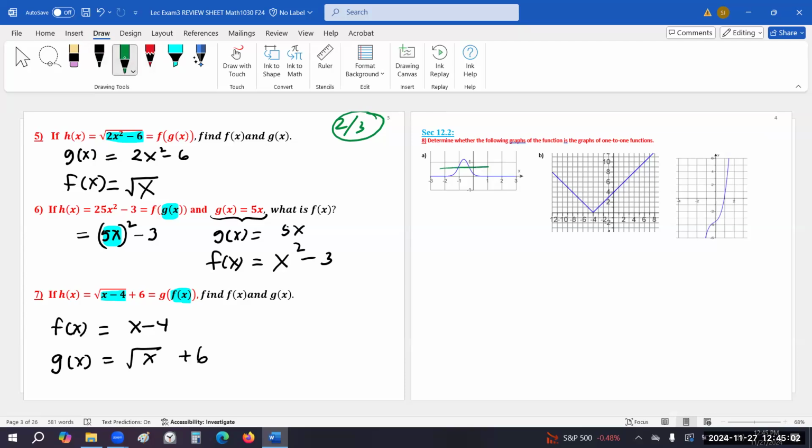So if you draw a horizontal line and you get the intersection more than once, is it a one-to-one function or not? No, it's not a one-to-one function. We care about one-to-one because only one-to-one functions have an inverse. Other functions don't have an inverse.